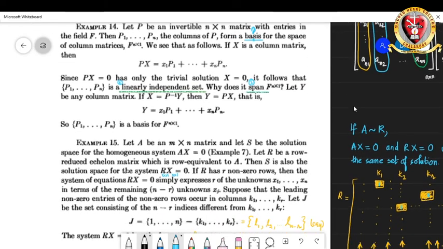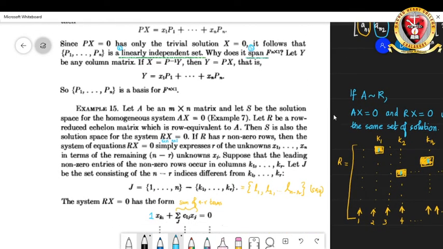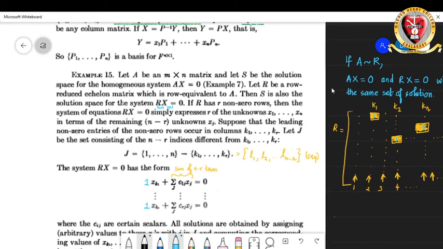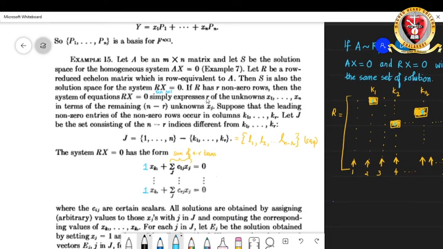Example 15 gives us a notion about homogeneous systems and the basis. Let A be an m by n matrix and S be the solution space of the homogeneous system Ax equal to 0.